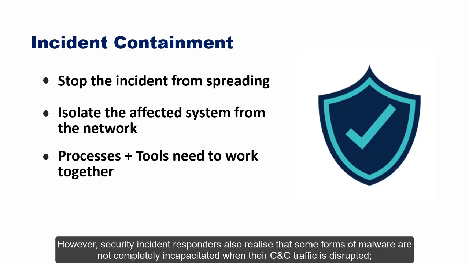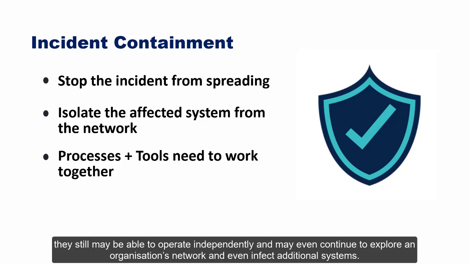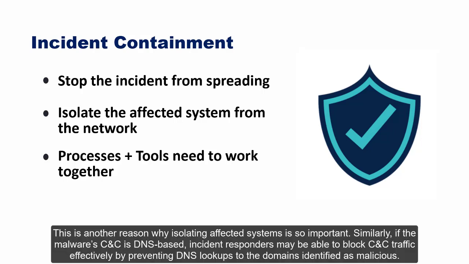However, security incident responders also realize that some forms of malware are not completely incapacitated when their C&C traffic is disrupted. They still may be able to operate independently and may even continue to explore an organization's network and even infect additional systems. This is another reason why isolating affected systems is so important.